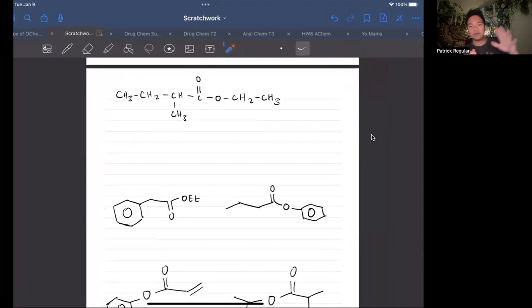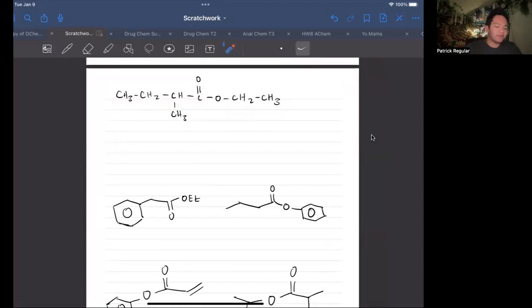Amides follow the conventional naming we come back to, but esters are a little bit weird because you have an ester group right here where the C terminus and the O terminus are named differently. So whatever's attached to the C terminus is your parent chain. And whatever's attached here to the O terminus is just a supplementary or accessory chain.